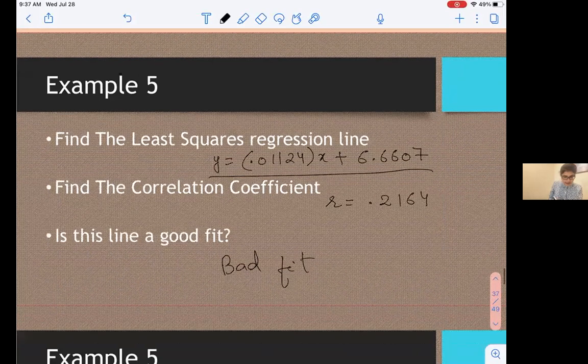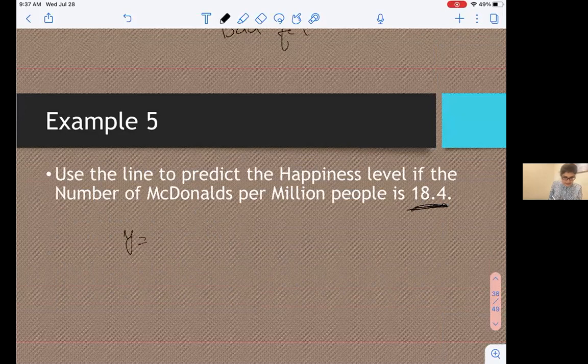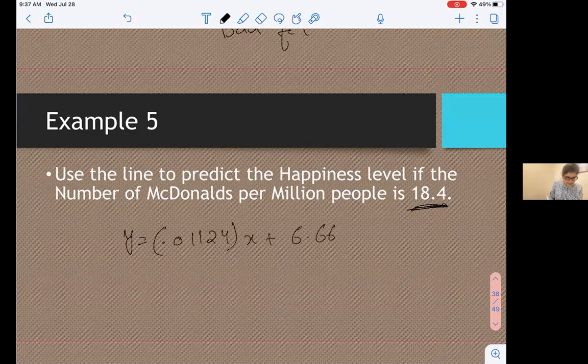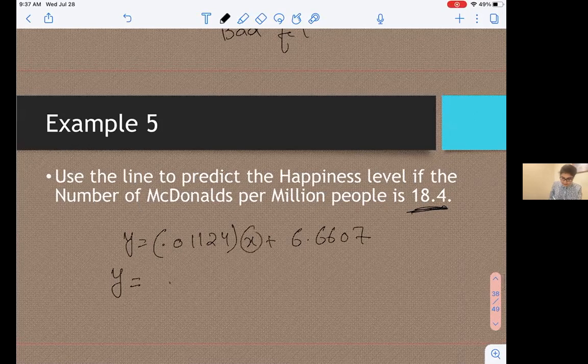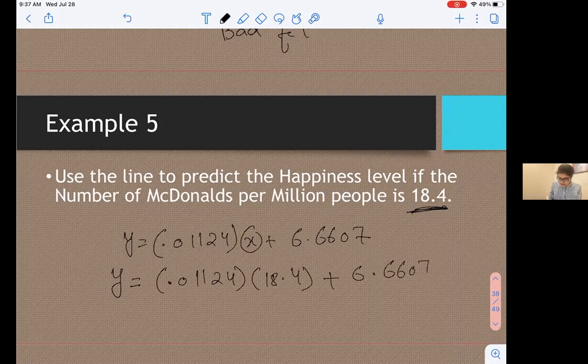So I write down the equation of the line: 0.01124 x plus 6.6607. I substitute x as 18.4 and calculate.